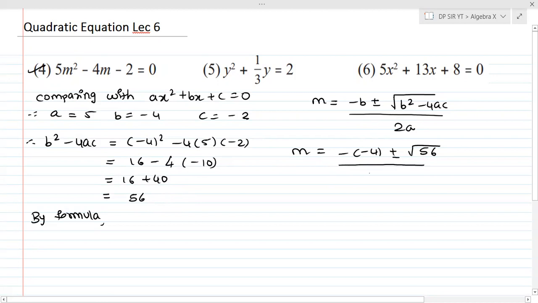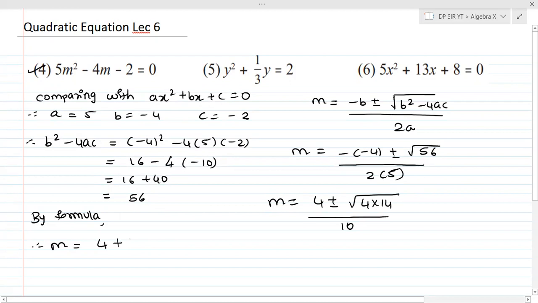Then upon 2a, so 2 into 5, which is equal to 10. Therefore m is equal to 4 plus or minus under root of 56. So 56 can be written as 4 into 14, upon 10. Therefore m is equal to 4 plus 2 root 14 upon 10, since the root of 4 is 2, and m is equal to 4 minus 2 root 14.